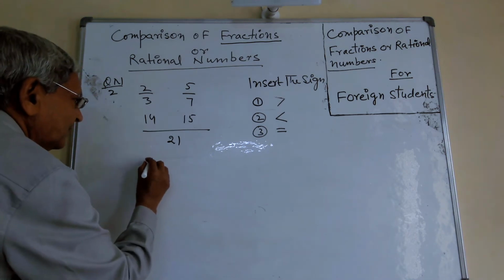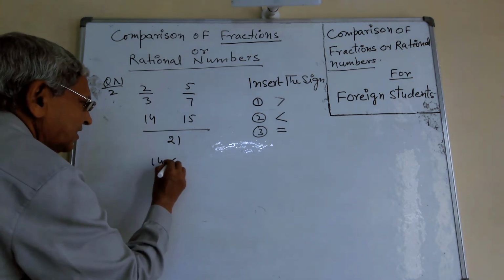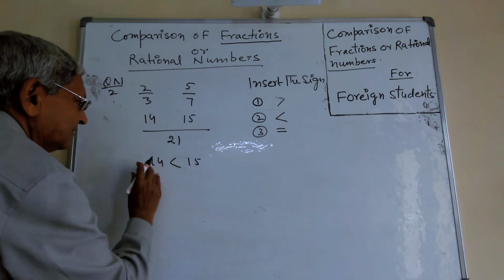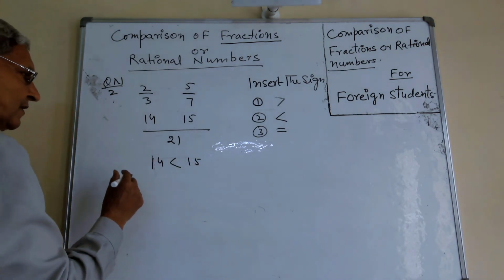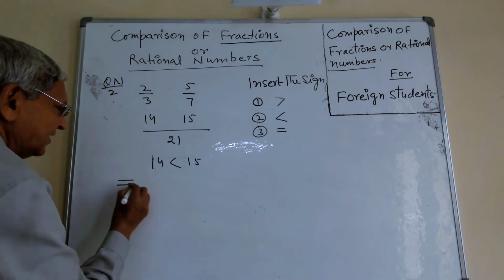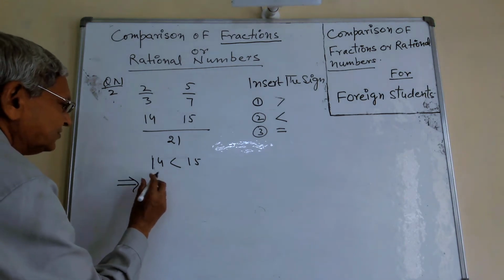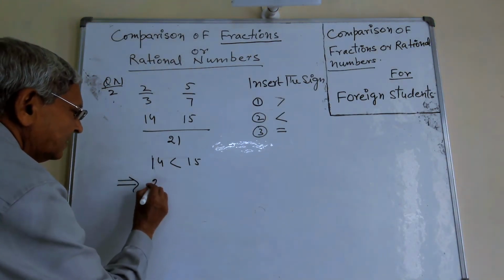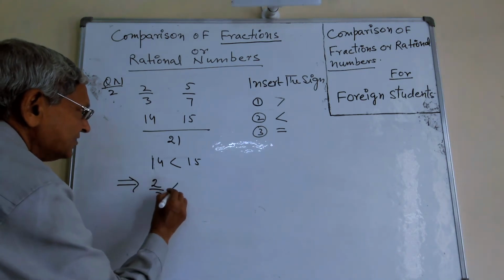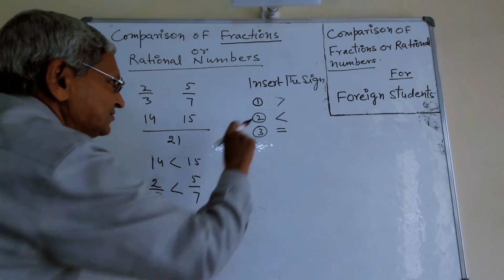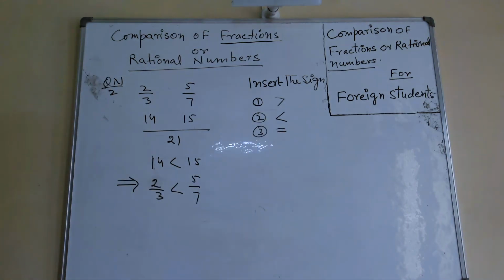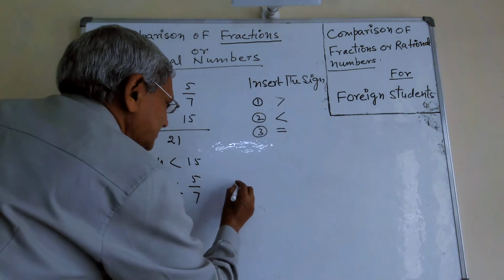So 14 is less than 15. My dear students, therefore this implies that 2 by 3 is less than 5 by 7. Put the sign second.